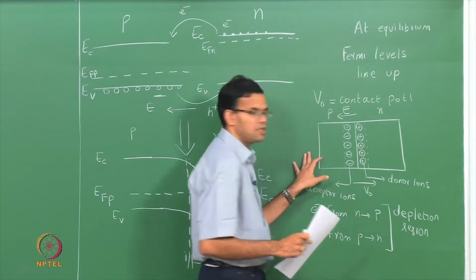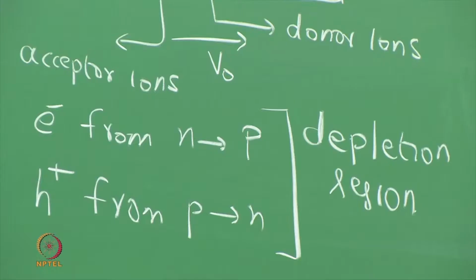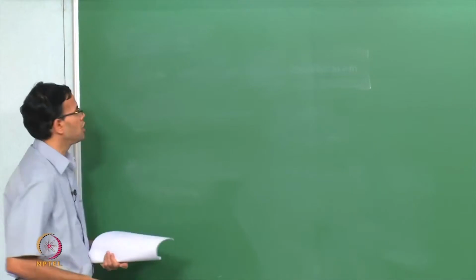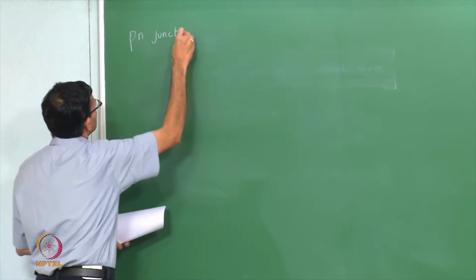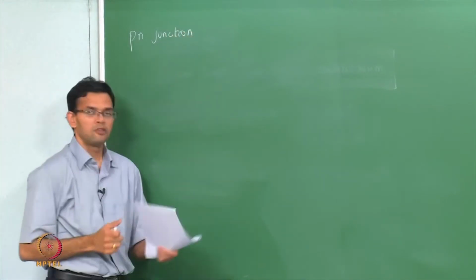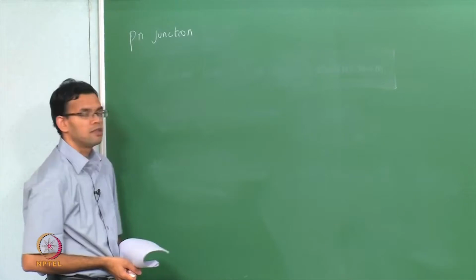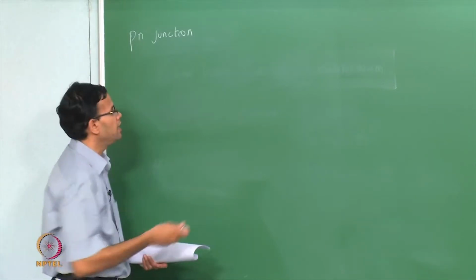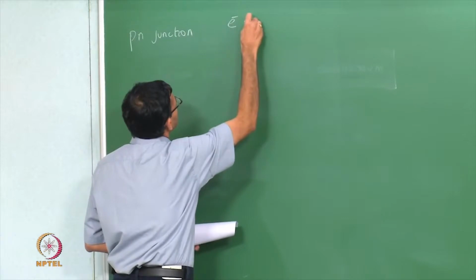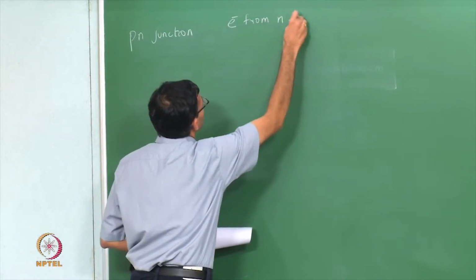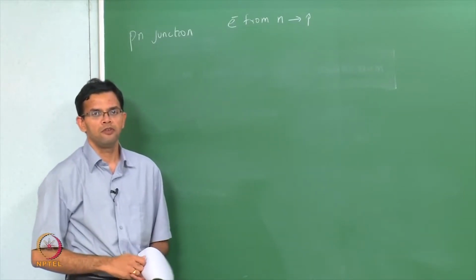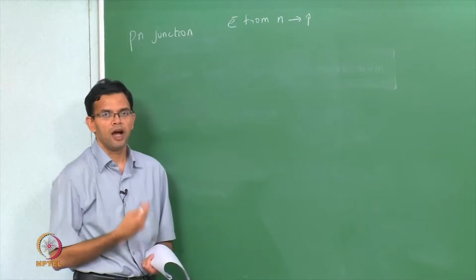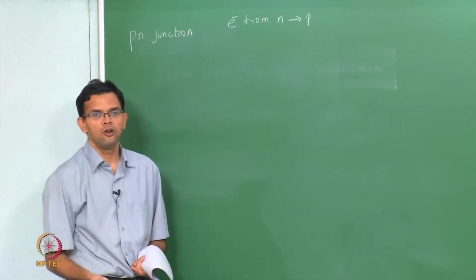Let me redraw this diagram and mark the depletion region. So, we are forming a p-n junction. In the case of a p-n junction, we said that we have excess electrons on the n side that move to P. We can think of this in terms of diffusion, where diffusion usually occurs from a higher concentration to a lower concentration.